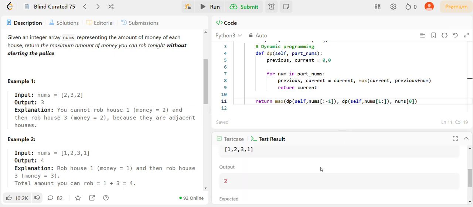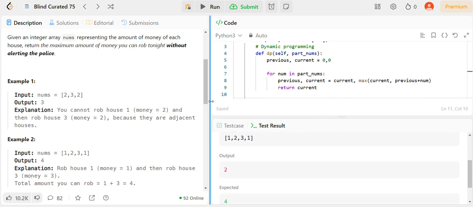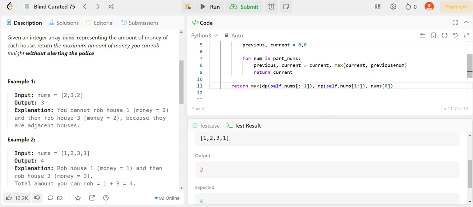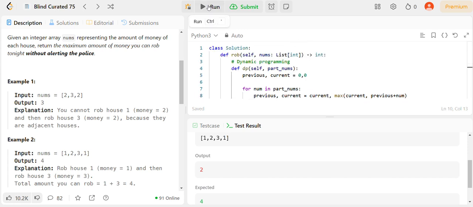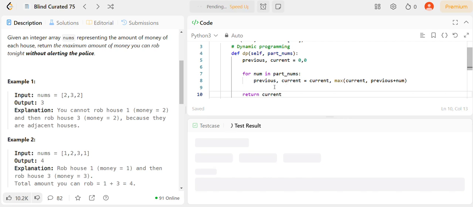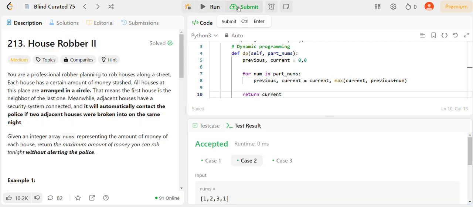Minus 1, plus 1. It's my for loop going around, because if I put the return in the for loop, it will definitely give the wrong answer.